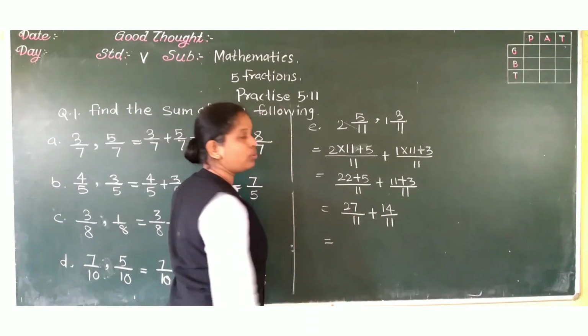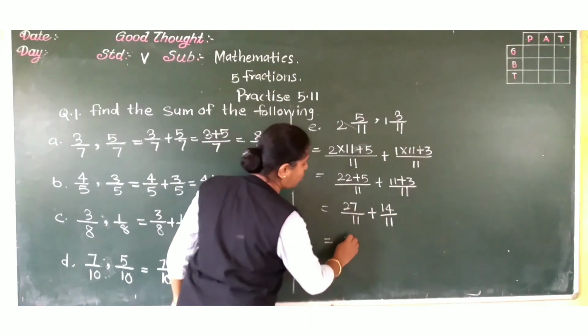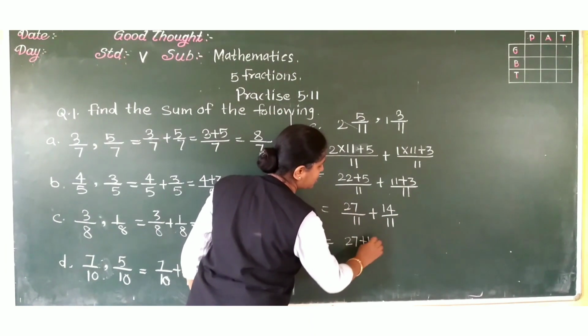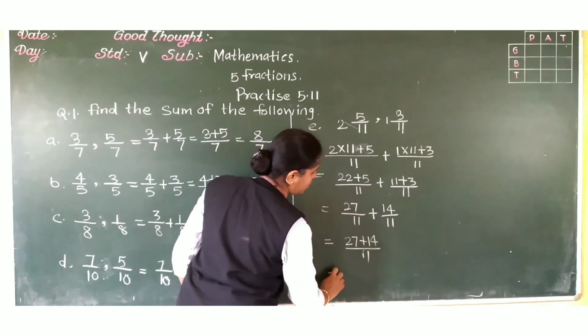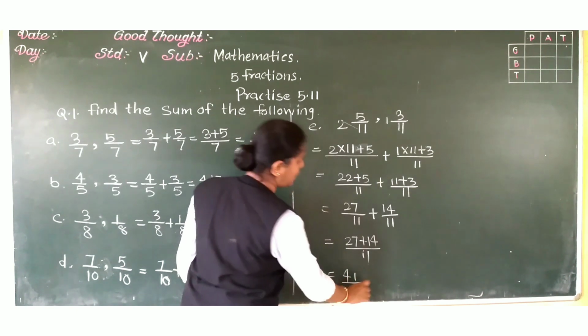Now what we have to do? As denominators are equal, we will have to add only the numerators. So that is equal to 27 plus 14 is 41 upon 11.